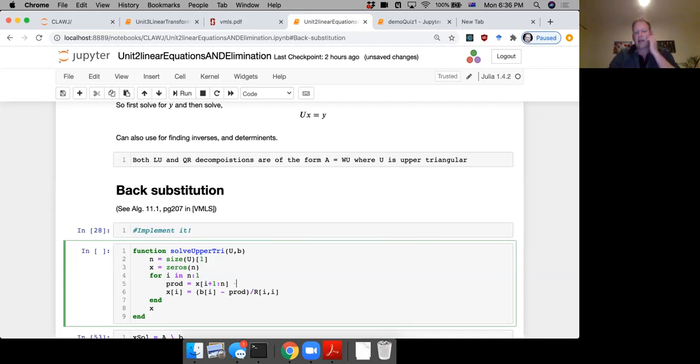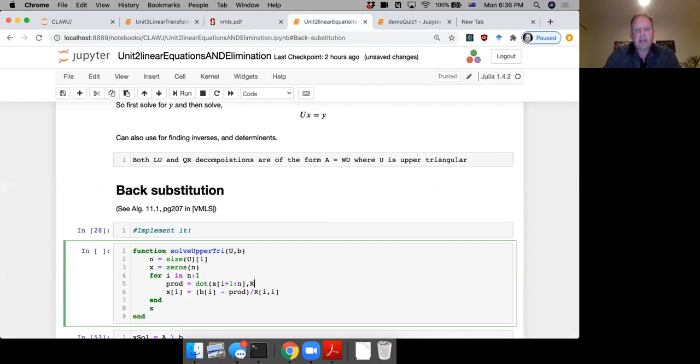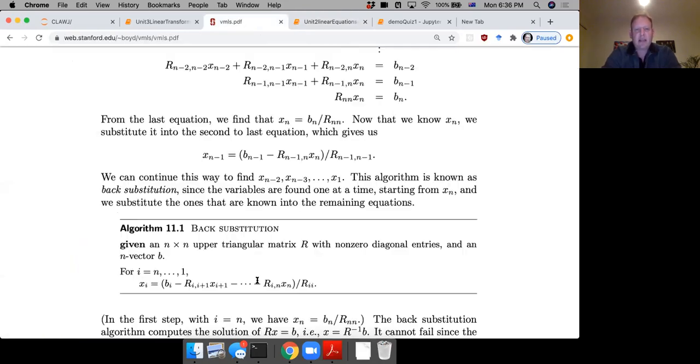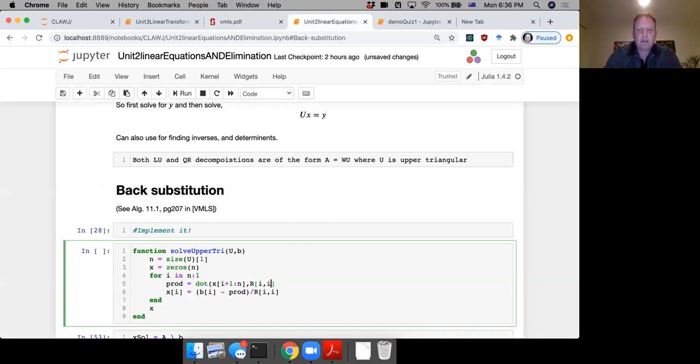You could have used a dash or a dot or whatever. Times the r's. So we're now looking at r's in the ith row, and again we want to take their index, the ith row, i is the same here, index i plus 1 to n. That's it.